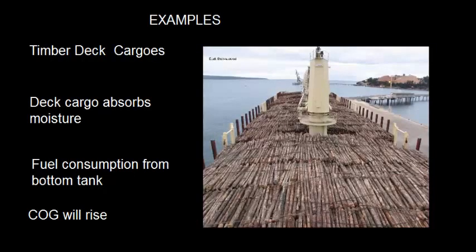The basic reason for getting the angle of loll situation is negative GM or high KG, or the center of gravity is high. So when the vessel is carrying timber deck cargo, there is a possibility of the deck cargo absorbing moisture, or the fuel consumption from the bottom tank will also raise the center of gravity.